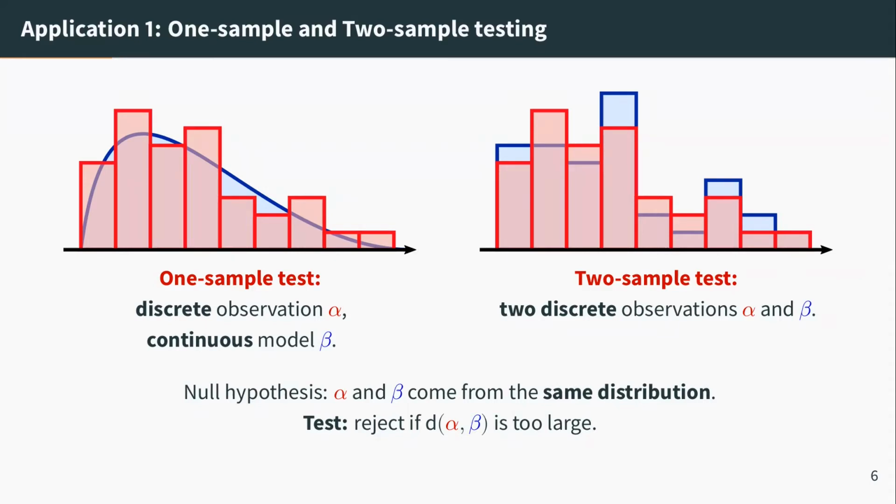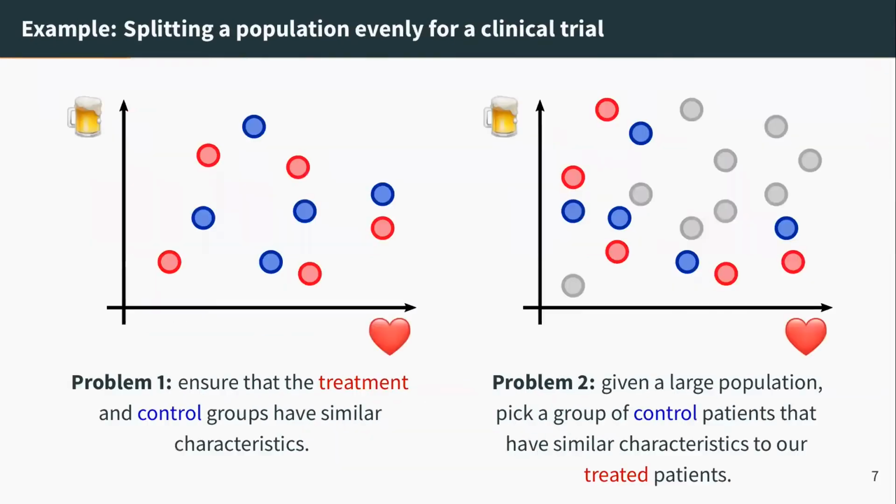In one sample testing, your model typically is continuous, your sample is discrete, and you want to say, is it likely that my sample comes from this distribution? And in two sample tests, it's more like you have two discrete samples, and you say, is it likely that those two samples came from the same continuous distribution gamma? That's the idea. It's excellent to ask questions. It's much better than just me speaking alone for 2 hours.